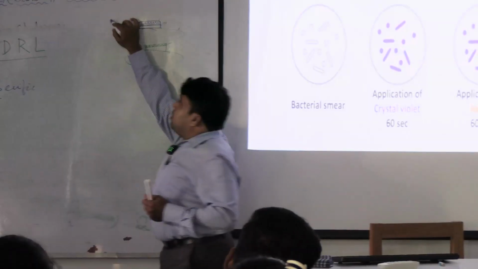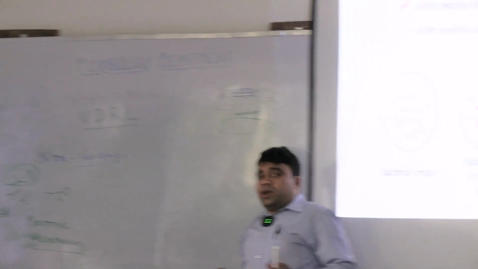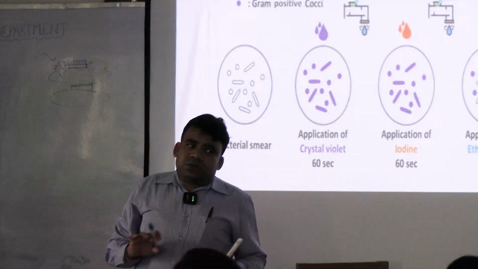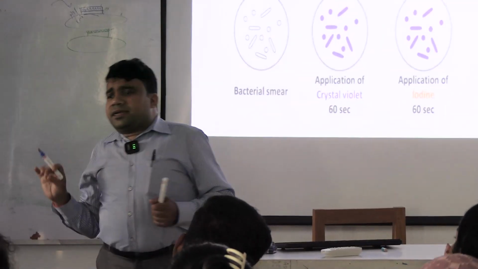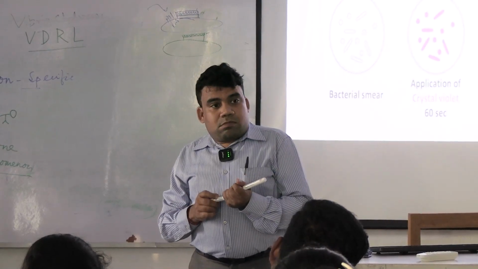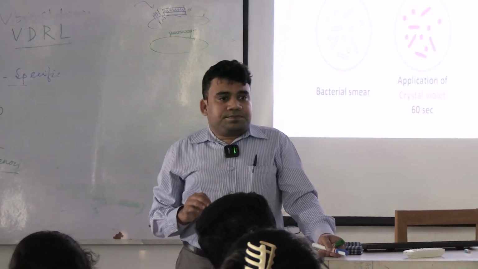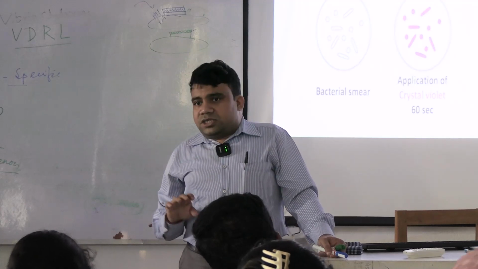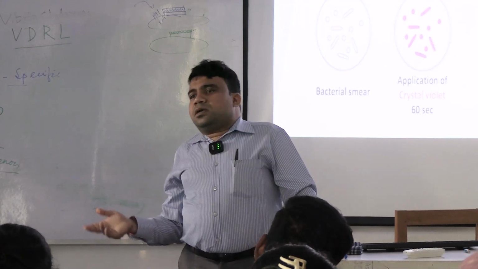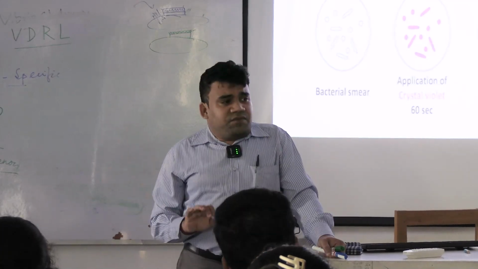Then we add gram iodine, it will also enter over here. Gram iodine is sometimes called a mordant. In some of the books you will find it is written that gram iodine acts as a mordant. What is a mordant? A mordant is a fixative. In the textile industry, when the clothes are colored, after they are colored, a mordant is added so that the color fixes with the fabric.